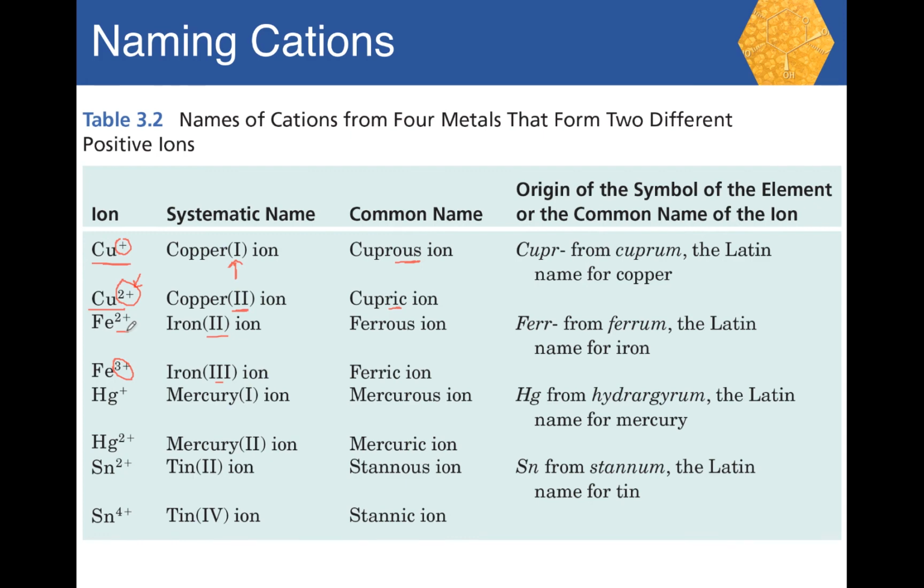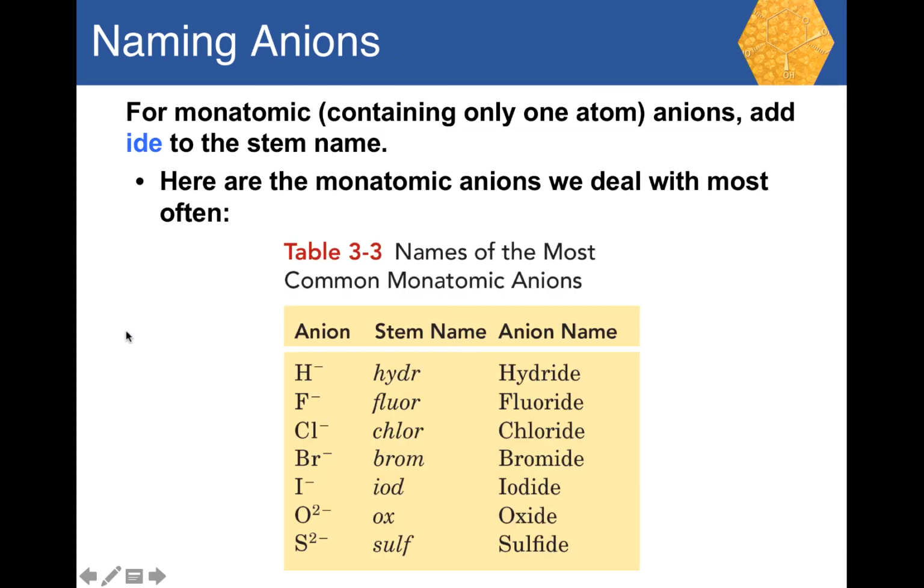Whenever we're writing the names of these compounds, we need to put in the Roman numeral to tell us the charge on the cations. We'll discover why this is so important in a second, because we will have to make sure that in a molecule, the charges are balanced. Okay?